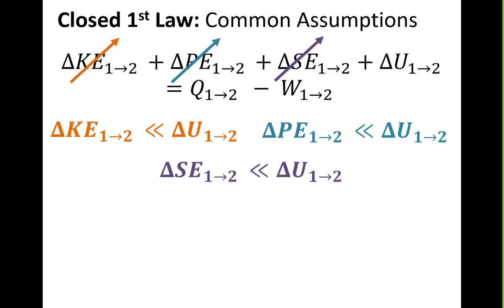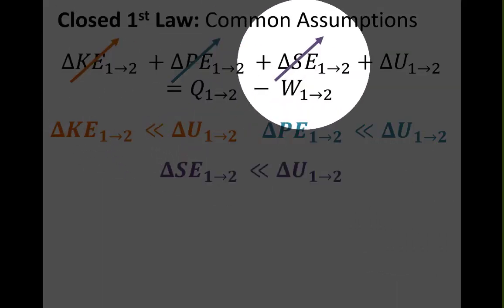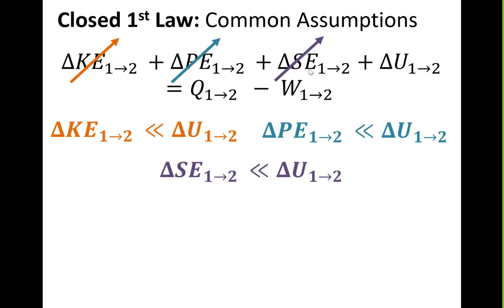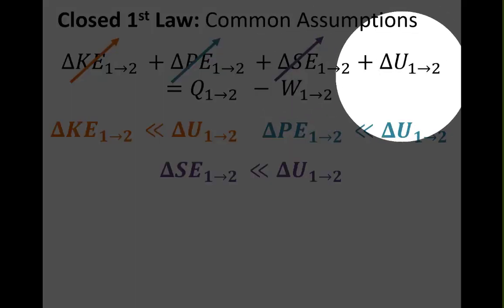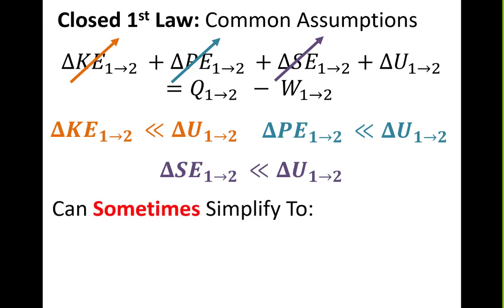So when we do these things, it's often because we don't know this information. But it only really makes sense to cancel it out if it's small enough that we feel like it doesn't really impact the problem. So what's the big thing that changes? In thermodynamics, the thing that usually drives the change in energy in the system is the change in internal energy, or delta U. That's the most important thing.